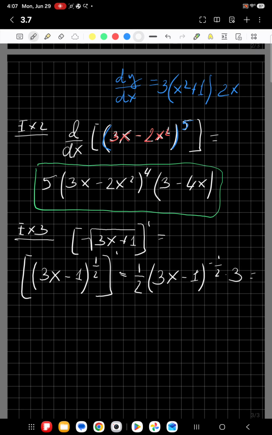So I'll have the square root of 3x minus 1, because that square root didn't go anywhere. It's just that negative in front of it pushed it to the bottom. So 3 is on the top, and that 2 is on the bottom. Okay, so that's the final answer.